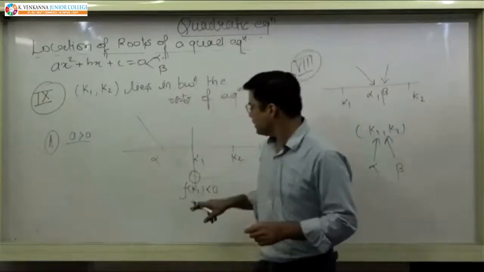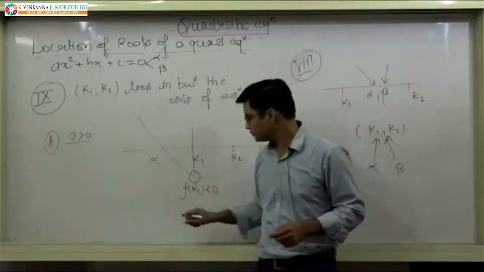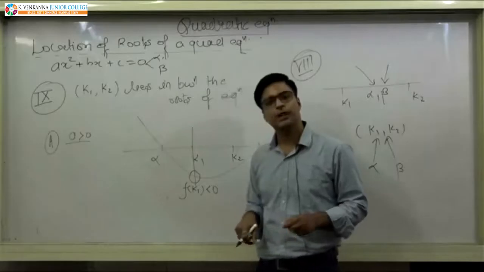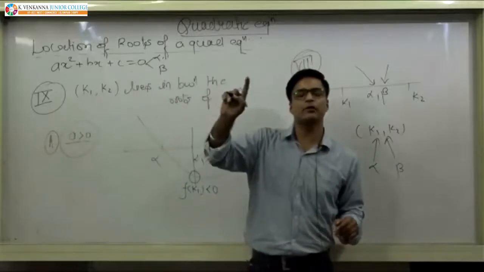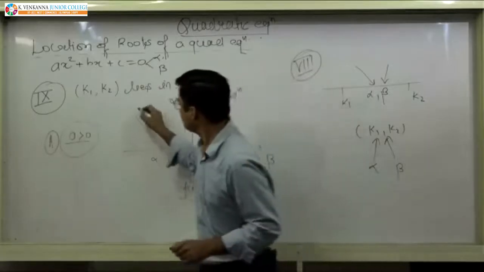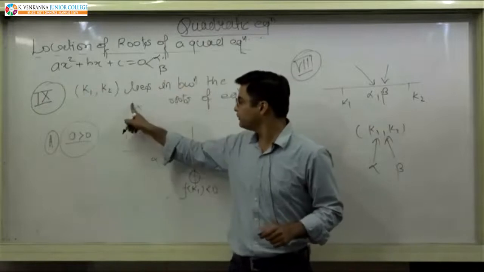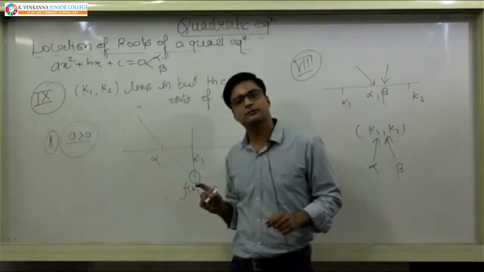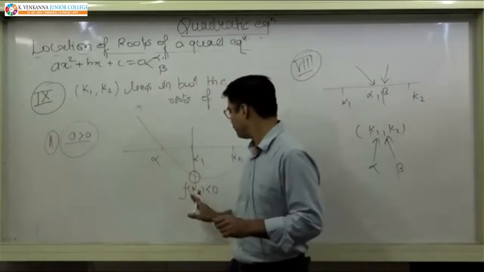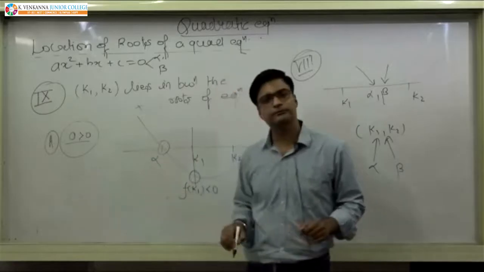Let's say I am making f of K1 negative. Because I have already taken the leading coefficient positive, it must be positive somewhere here, right? So positive to negative means the graph will intersect the x-axis before K1.